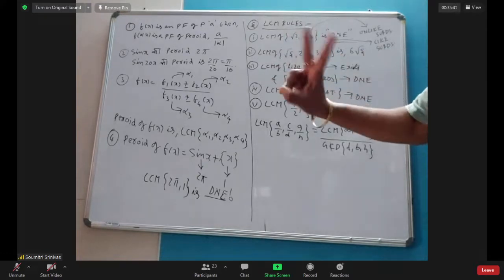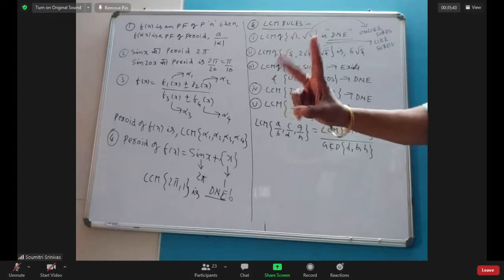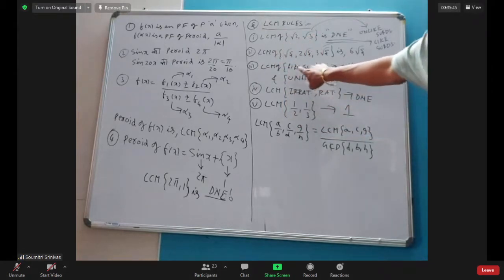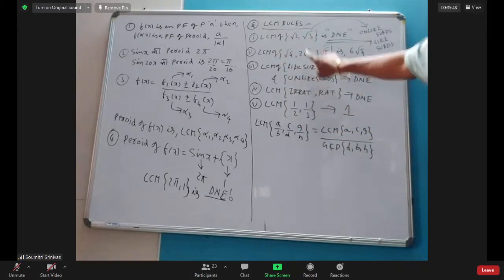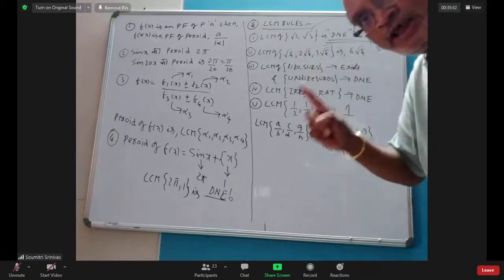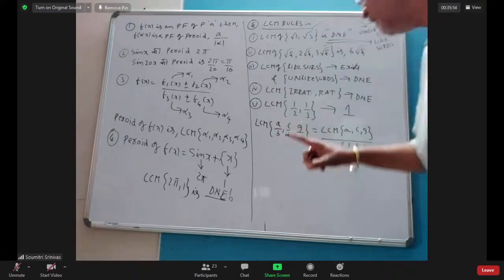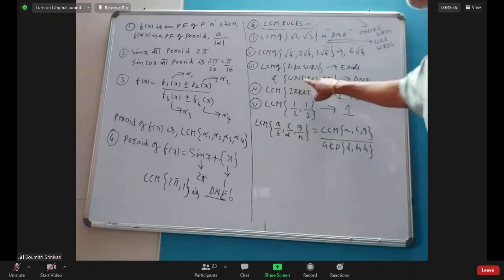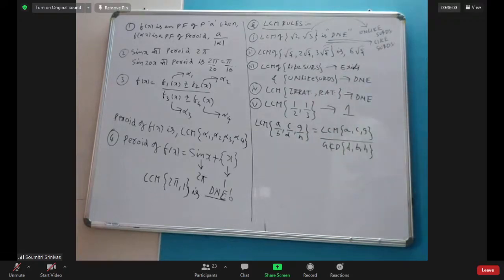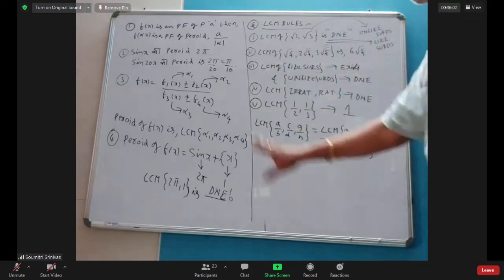Irrationals में भी दो cases हैं. Like surd irrationals हैं, LCM exists. Unlike surd irrationals हैं, LCM does not exist. Rational and irrational, does not exist.